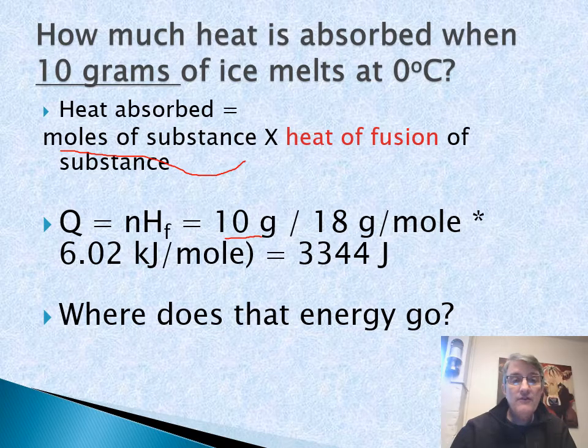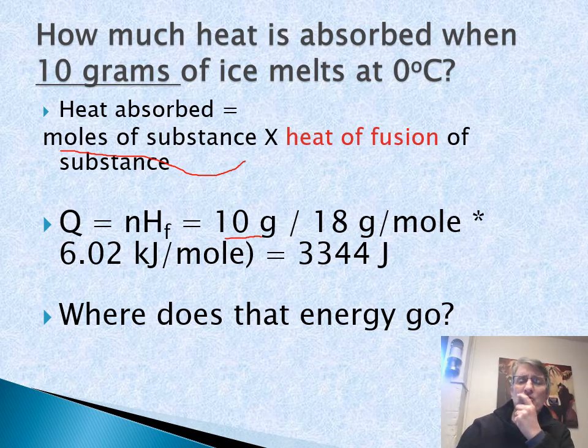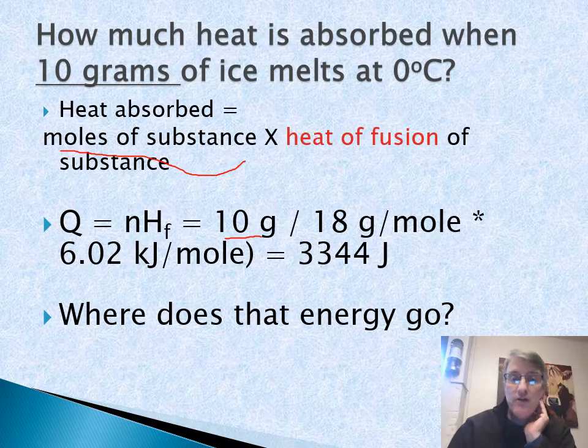How did I get from kilojoules to joules over here? Oh, I remember how I did that. When I multiply this all out, I wind up getting 3.344 kilojoules, and I just converted it to joules. So if you don't like that, you can write 3.344 kilojoules.